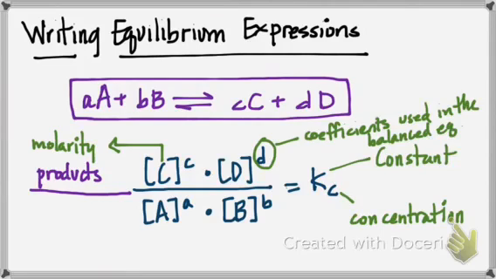So in your numerator, your products show up, and then your reactants show up in the denominator. Another thing to pay attention to is that in the equation, you're adding things together, but in the equilibrium expression, the plus sign changes to a multiplication sign.